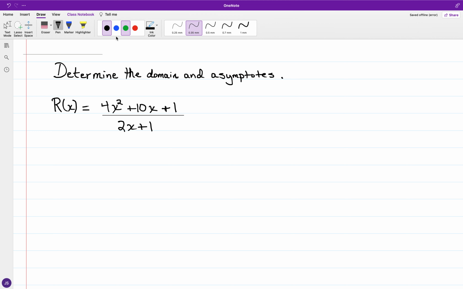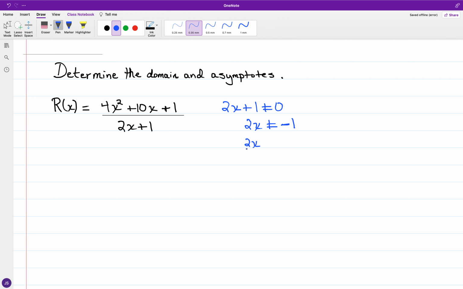On the side of what we have for the domain, again, for a rational function, the denominator cannot be 0 in value. So with the denominator 2x plus 1 not allowed to be equal to 0, we can solve for x. If we isolate the variable term 2x, this term cannot equal negative 1.